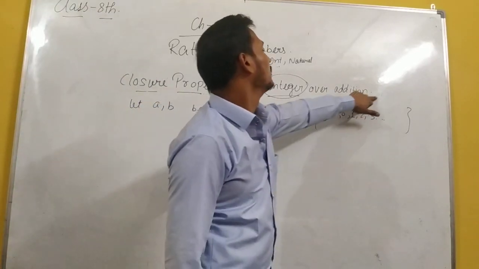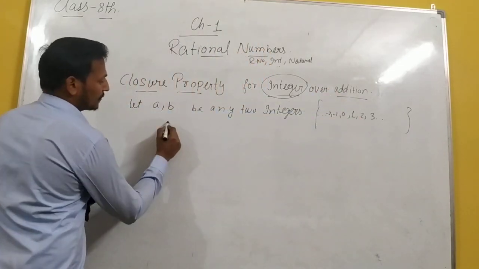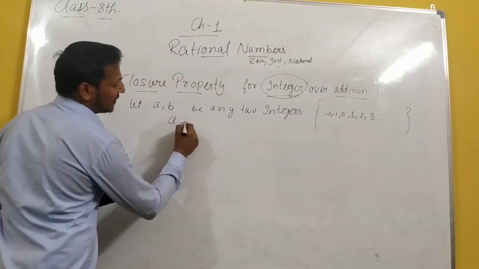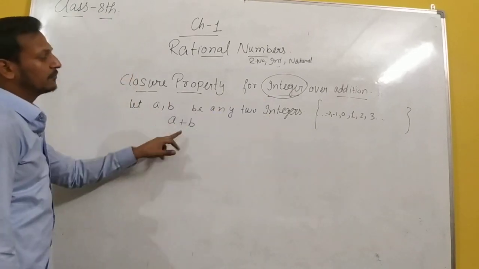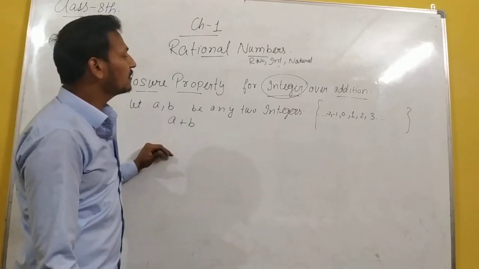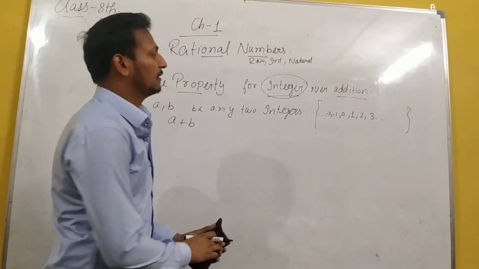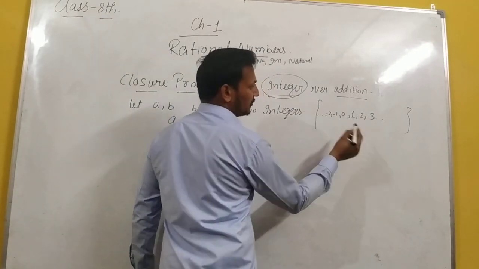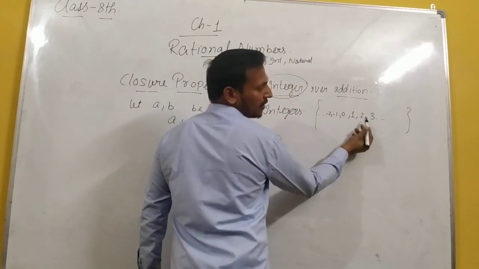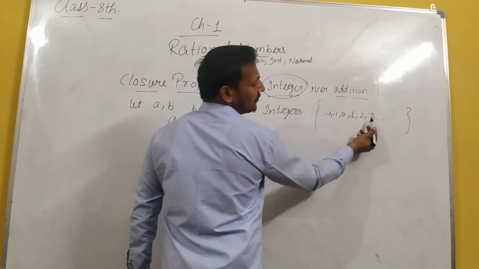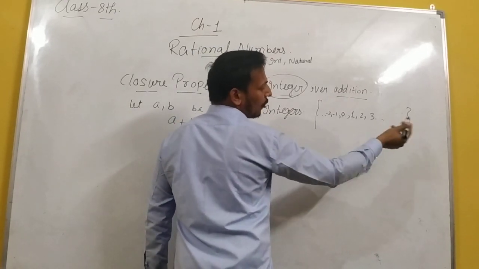Now look for your operation, that is addition. So we do A plus B. Now we have to think: is A plus B an integer or not? Check here. 0 plus 1 is 1, which is an integer. 0 plus 2 is 2, again an integer. 0 plus 3 is 3. 1 plus 3 is 4, an integer.